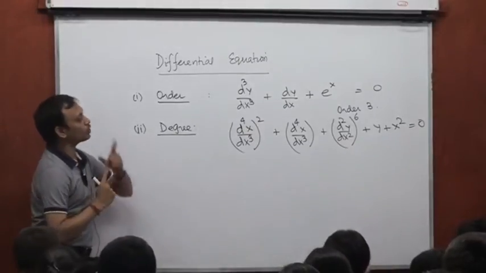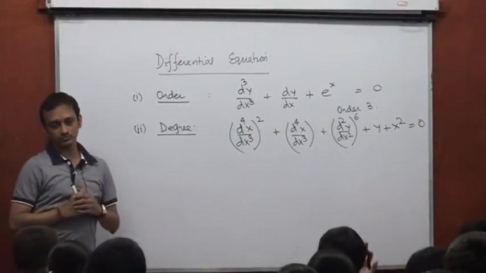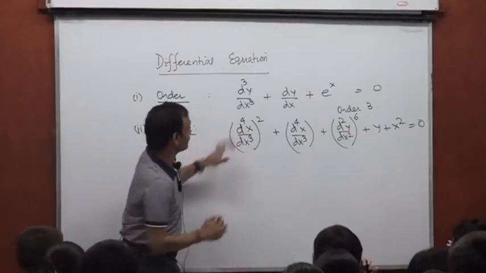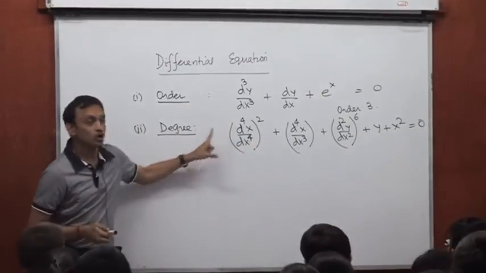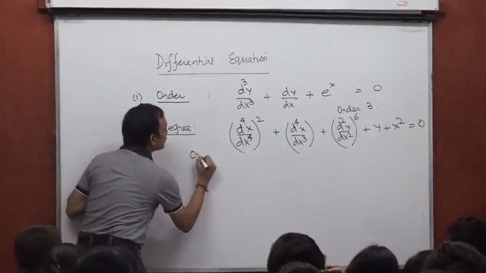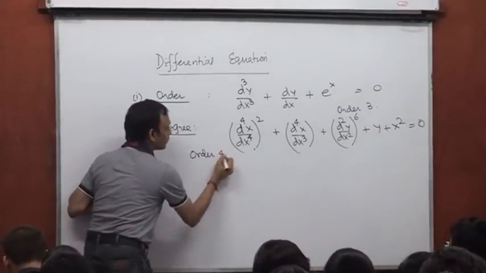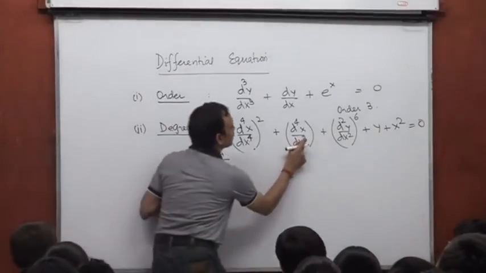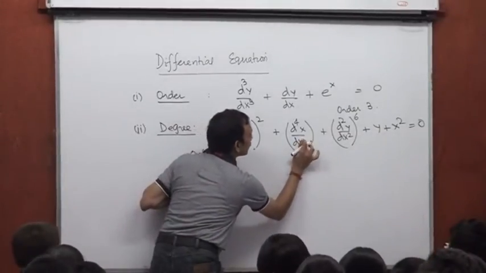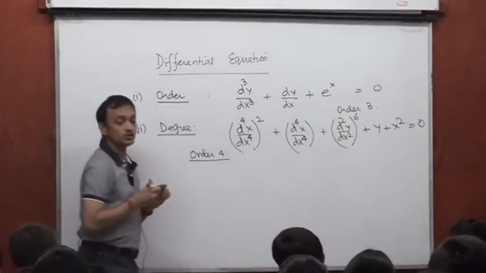First of all, what's the order of this differential equation? 4, because the highest order derivative appearing here is 4.